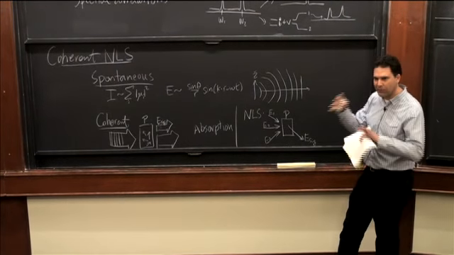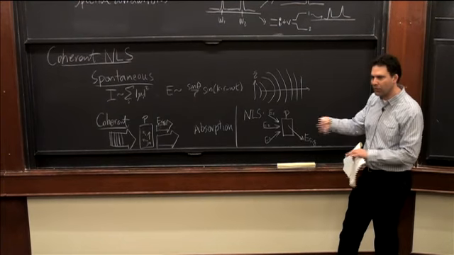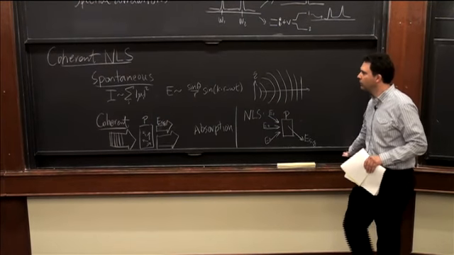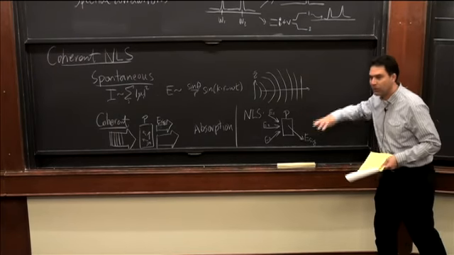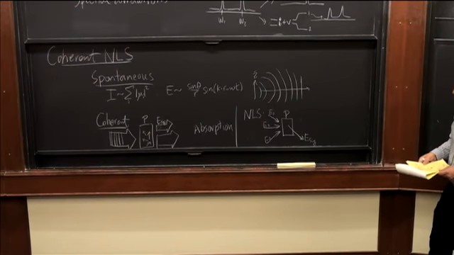If you're acting on the sample with multiple fields and looking at the response, then that's still nonlinear spectroscopy, but it is incoherent nonlinear spectroscopy. But we're going to deal primarily with the coherent kind, and you'll see there's a real clear mapping from one to the other.